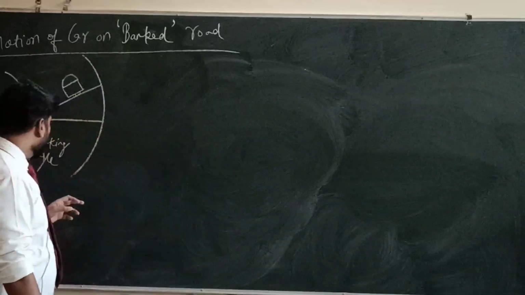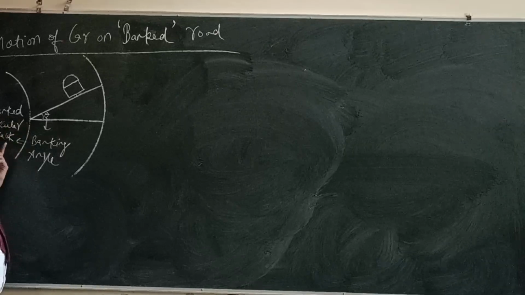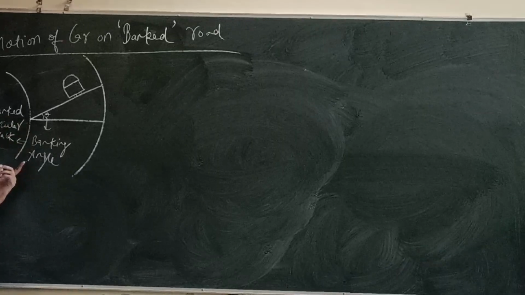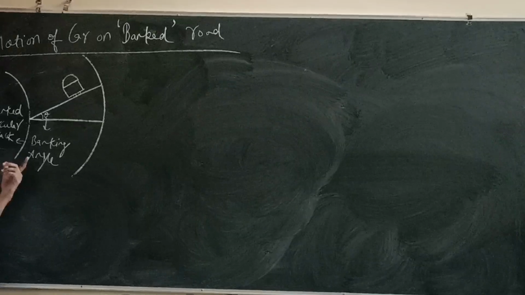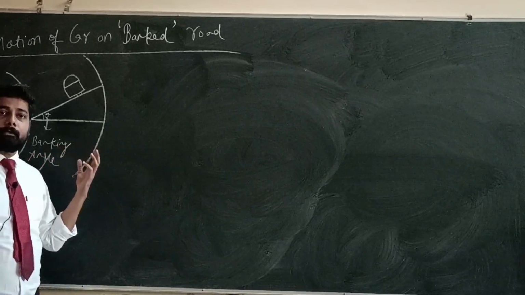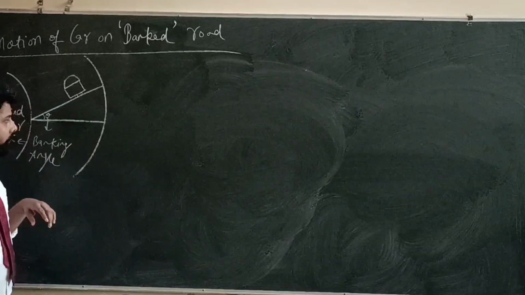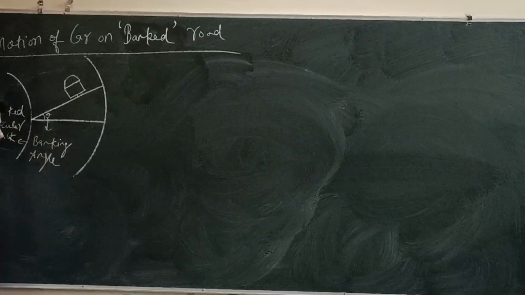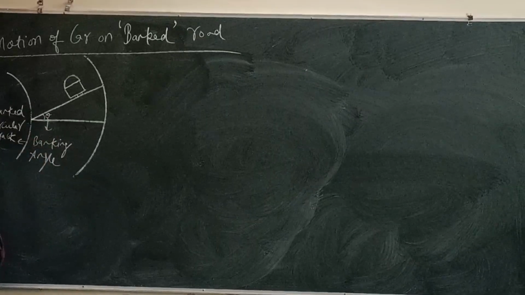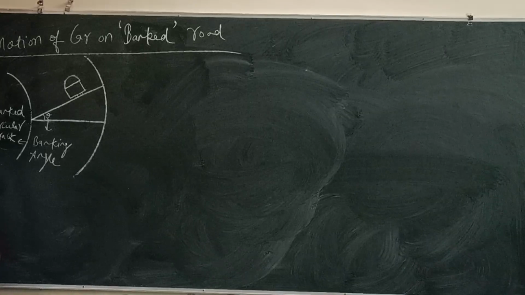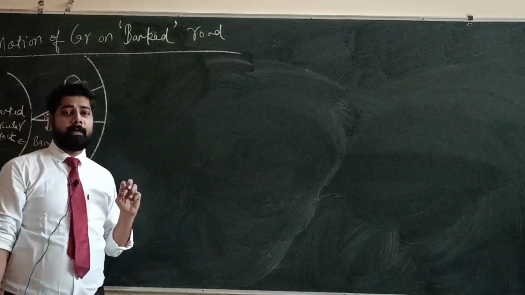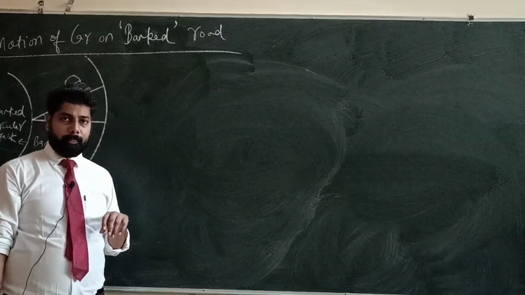So we have a circular banked road, or banked circular road, and the body has to take a safe circular turn on that banked road. This is the angle of banking, or the banking angle, and on that road the body has to turn safely on a circular track.